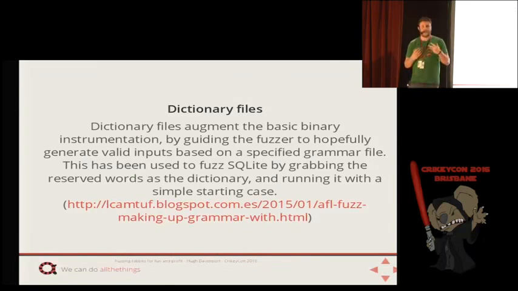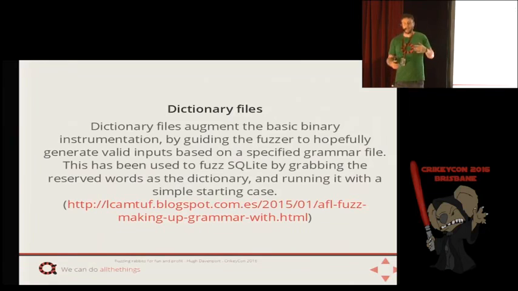So the dictionary is a feature that allows you to say, hey, in this program that I'm trying to run, I would expect the input to have this string or this string or this string, and a whole bunch of words that thing might have.